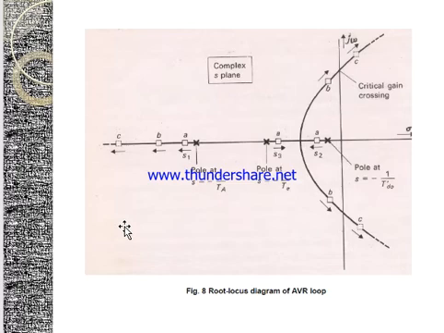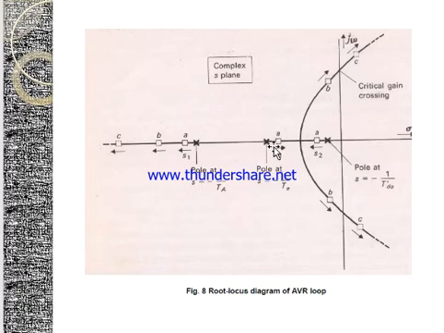Now the root locus: there will be three root locuses. One will start from the pole s equal to minus 1 by Ta. At this pole, the root locus will be starting and it will go in search of the zero at minus infinity. The pole at s equal to minus 1 by Te is here, and s equal to minus 1 by Td0' is here.